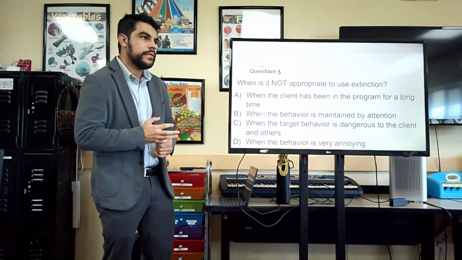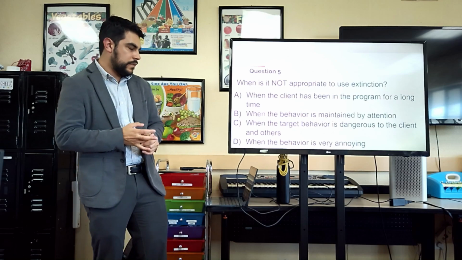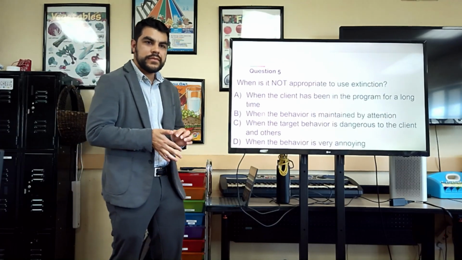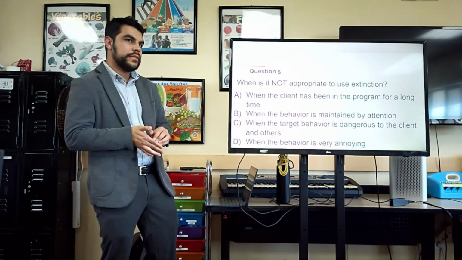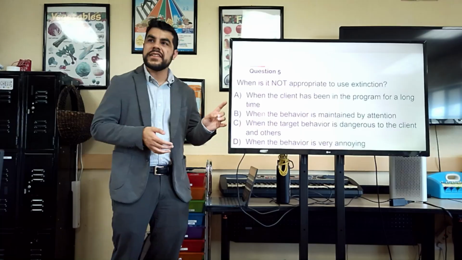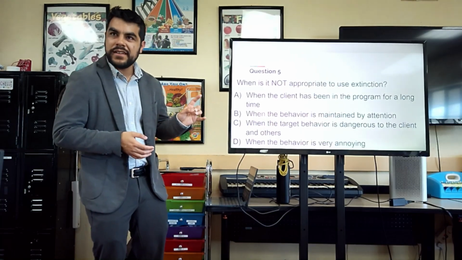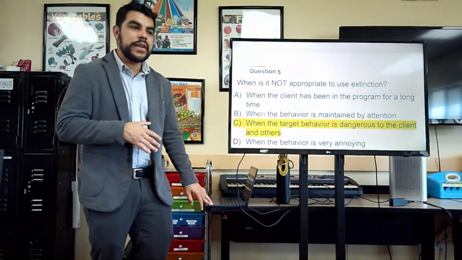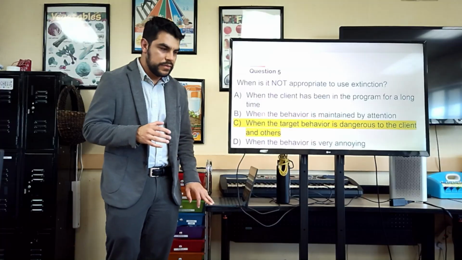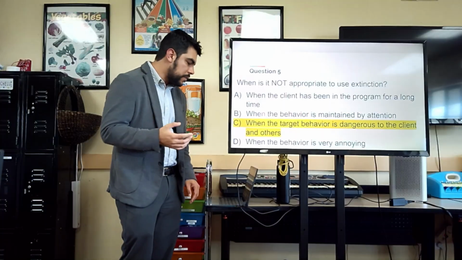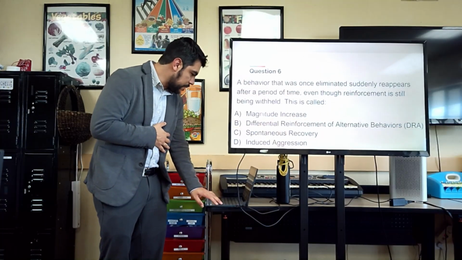The target behavior is dangerous to the client. Willie says C. Everybody else agree? Yes. Behavior is too dangerous, leads to too much harm, the likelihood of harm for the client or those around them. Not something we go for.